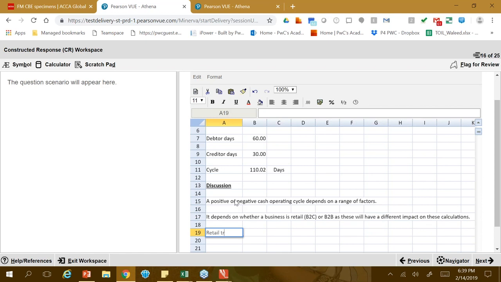Retail transactions are usually on cash, which means there will be less receivables and payables.